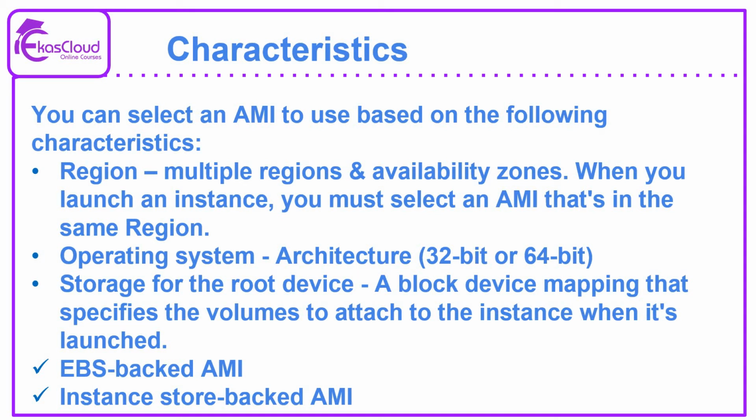These are the storage that automatically comes with all of your instances. Think of a block storage as something that maps the kind of volume that you want to be attached to your instance when you launch it. So do you want the elastic block storage to be on your AMI, or do you just want to stick to the volume that comes with the instance for your root device?